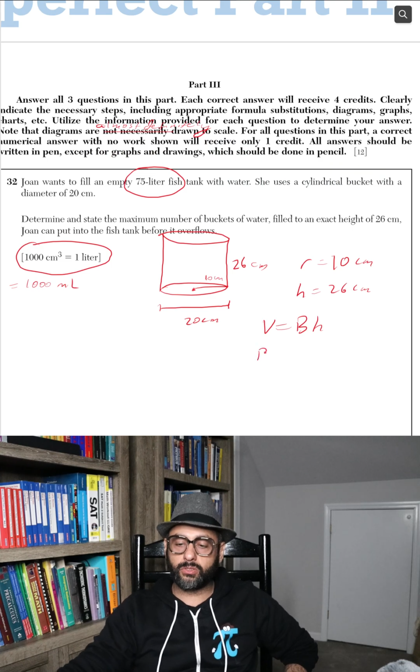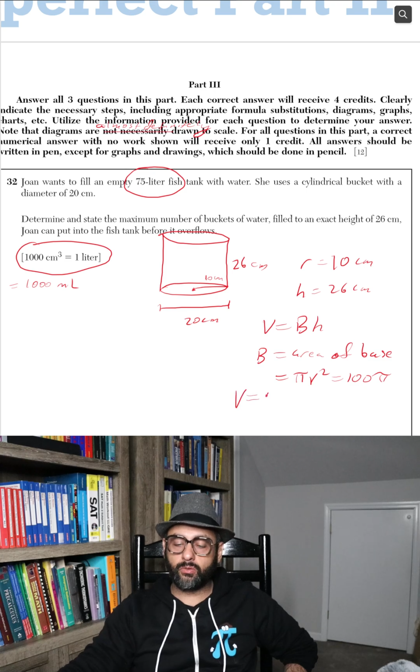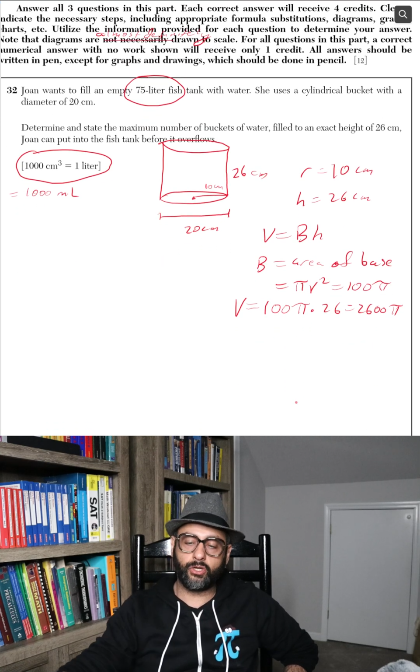The area of the base is equal to pi r squared, which is equal to 100 pi. Okay, so the volume is equal to 100 pi times the height 26, which is equal to 2600 pi. And this is in centimeter cubed.